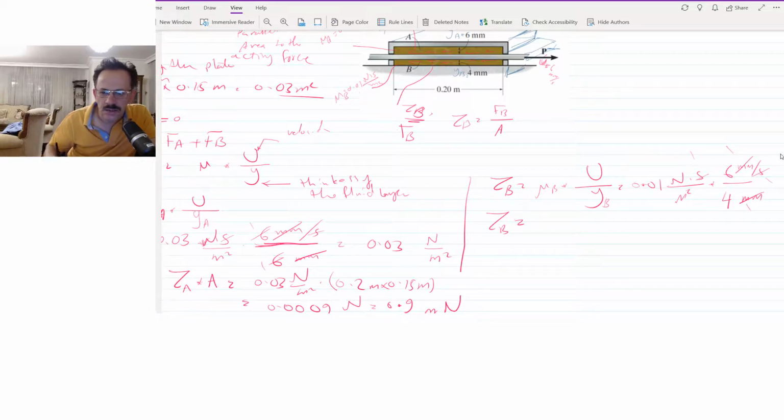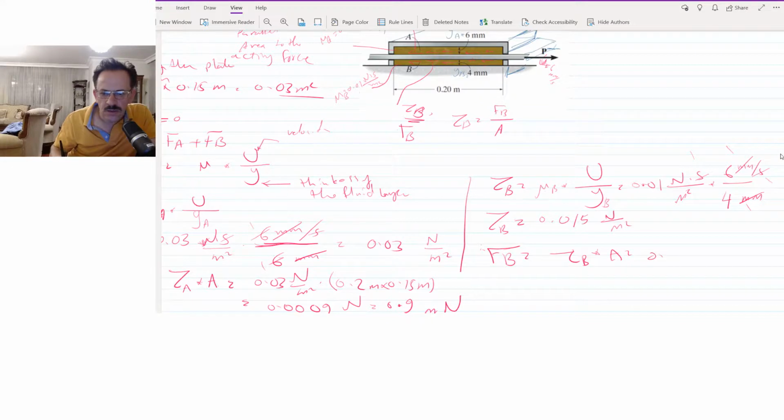Now the result is equal to 6 divided by 4 times 0.01, which is equal to 1.5 times 0.01. It will equal 0.015 Newton per meter square, and then force at B is equal to tau B times area.